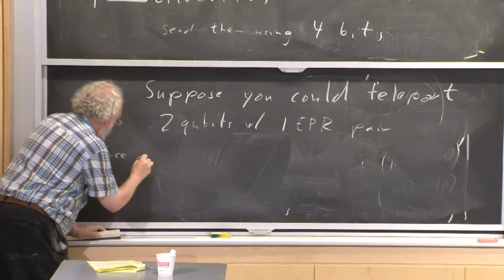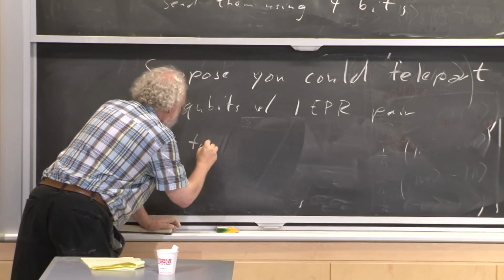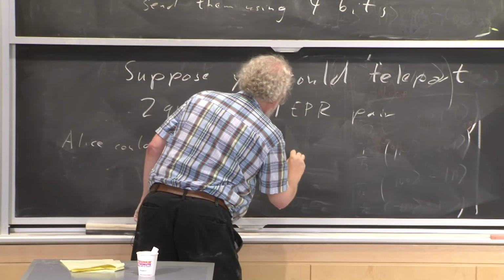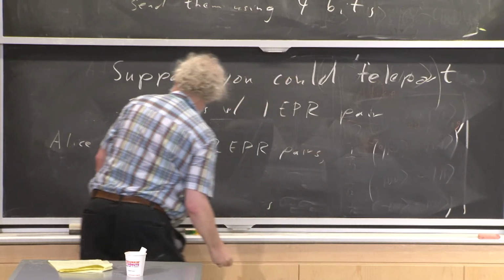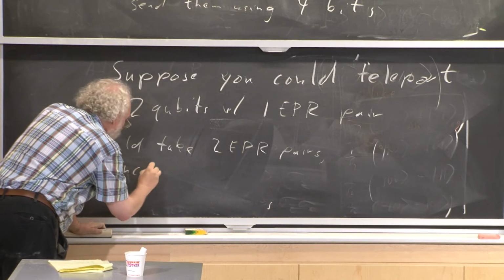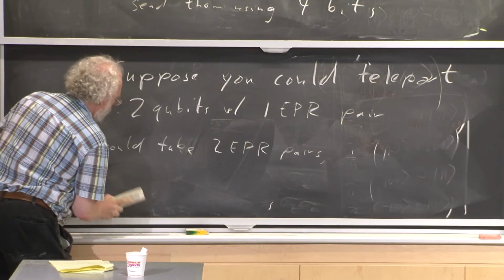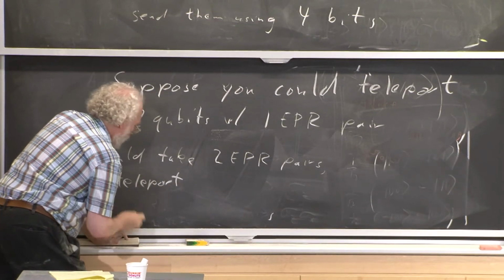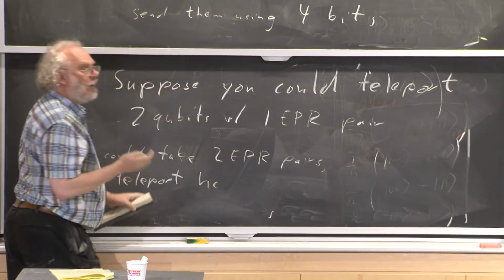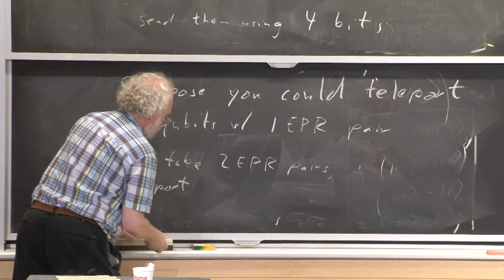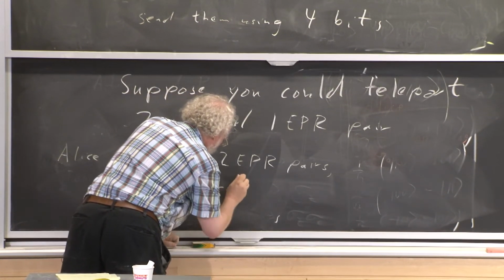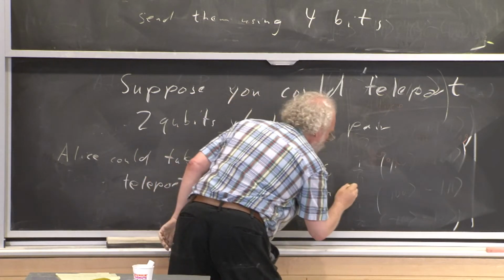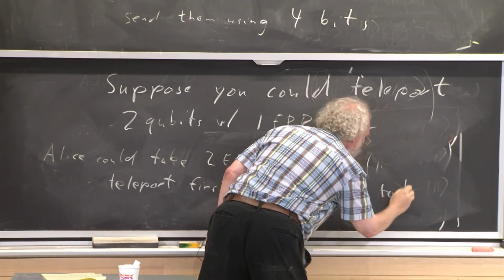Alice could take 2 EPR pairs and teleport the first qubit in each to Bob.